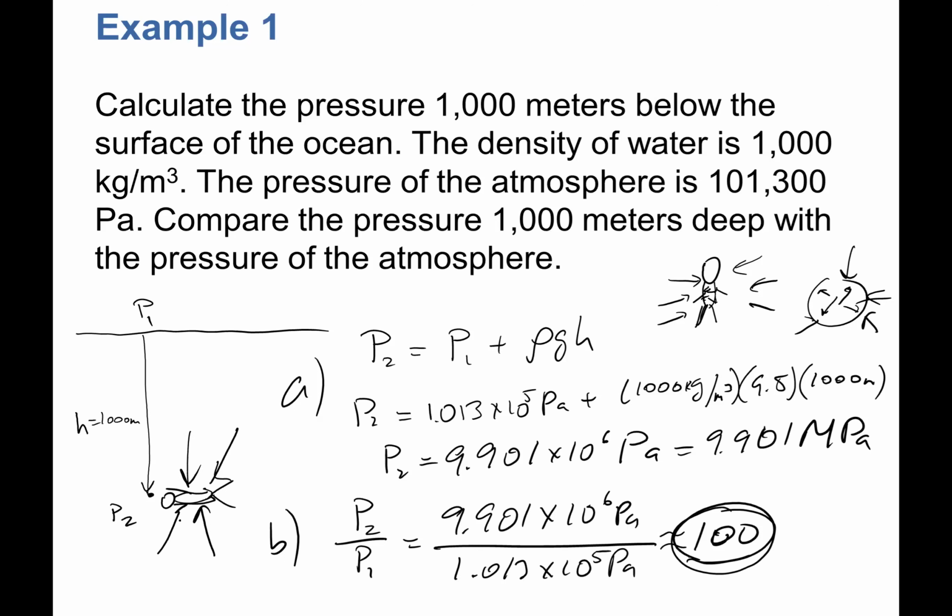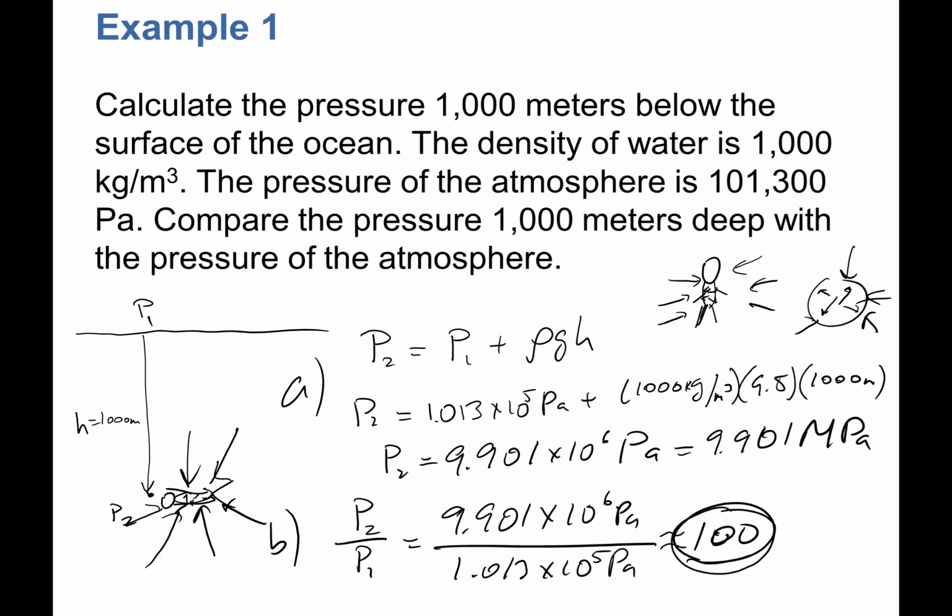That means what pushes you inward is 100 times bigger than what pushes you outward. So it's going to press you down. Imagine being pressed with 100 times stronger force. It's going to crush you basically. That's why we cannot survive if we dive really deep. Our lungs will collapse and everything.